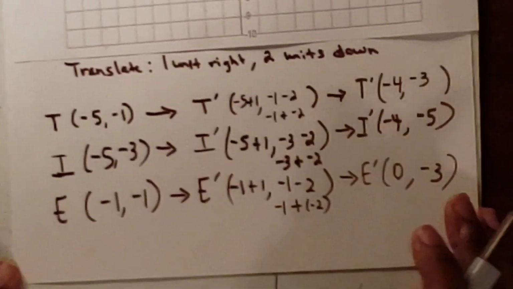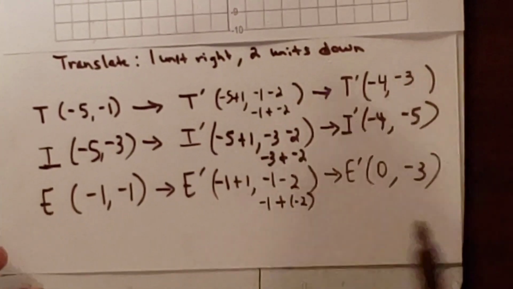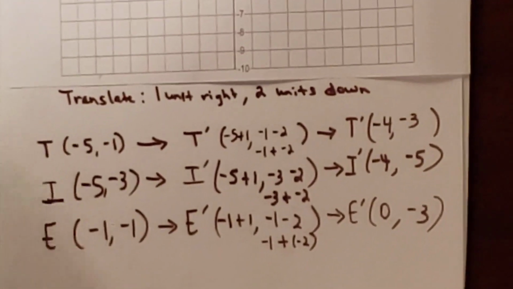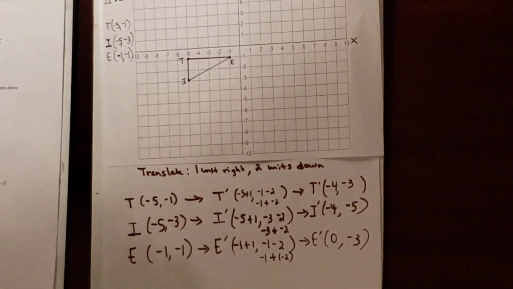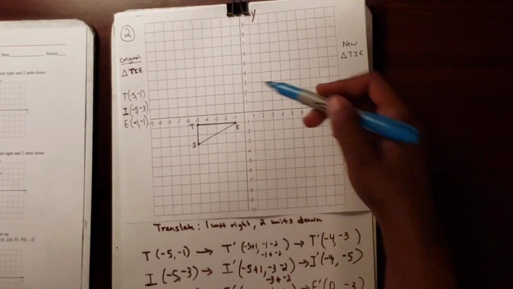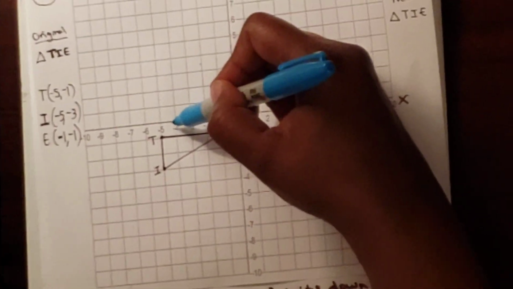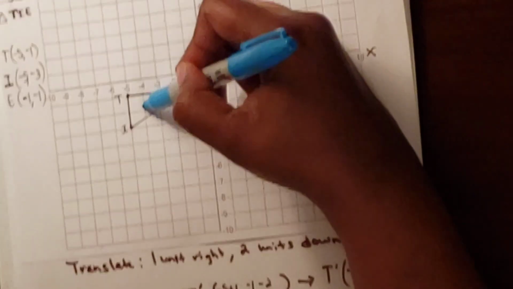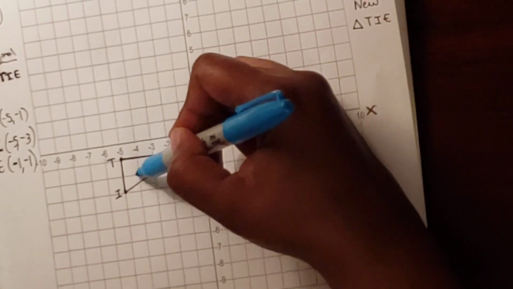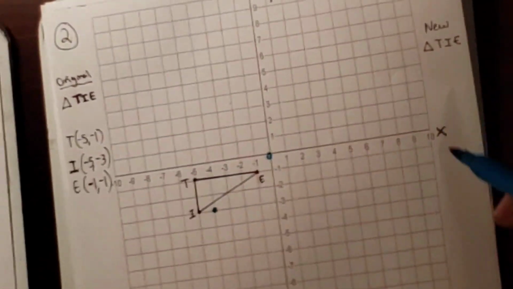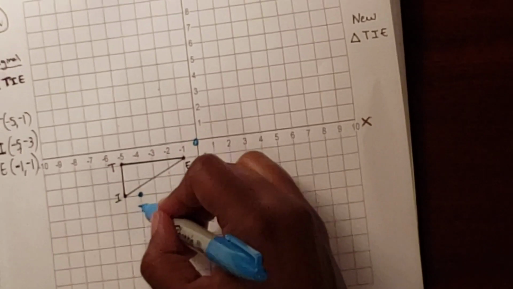Alright, so let's get to graphing. And I'm going to use the blue pen to graph it so you can see the difference. So -4, -3, start at your origin, go over to -4, and then go down 3. 1, 2, 3, right here. So that'll be T prime.